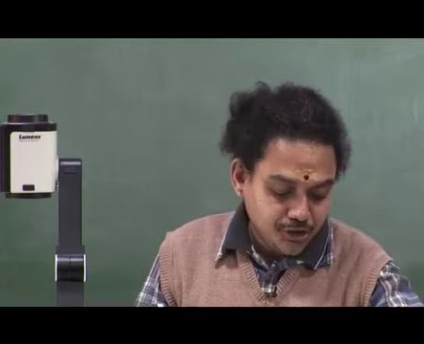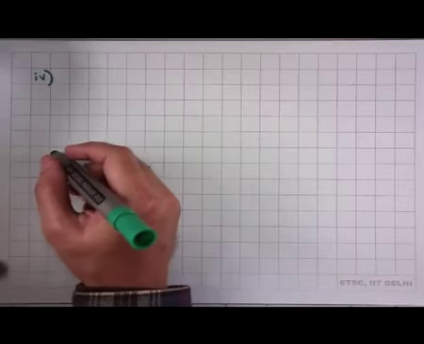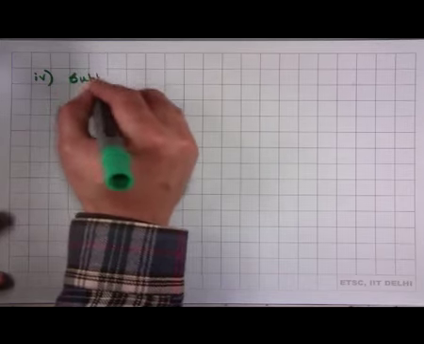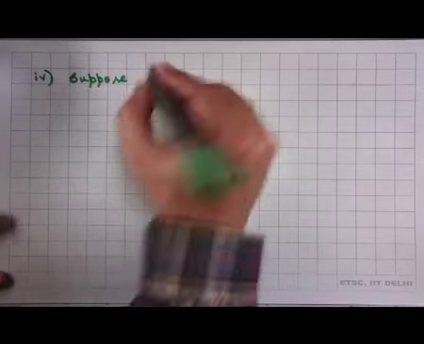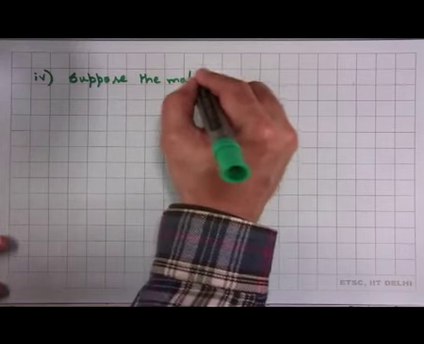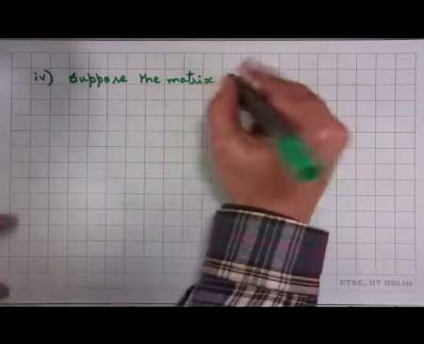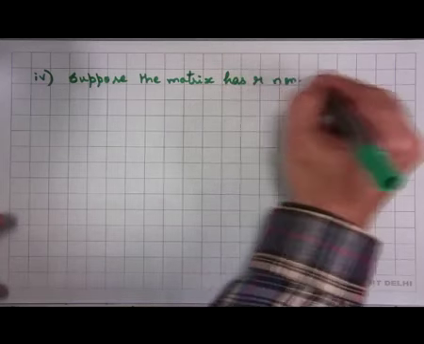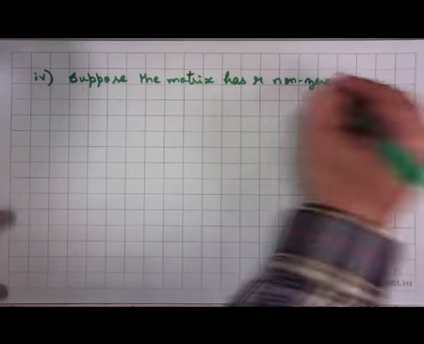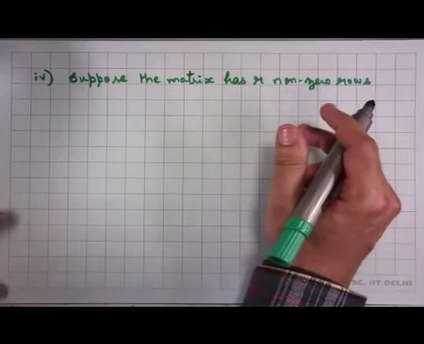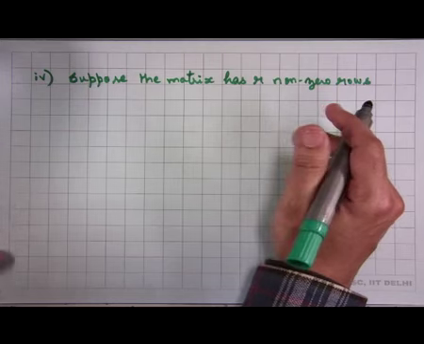Now, the last condition, fourth one, suppose the matrix has r non-zero rows, that means that the remaining rows are 0.